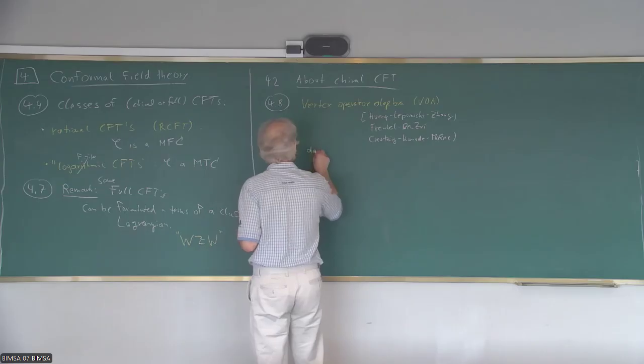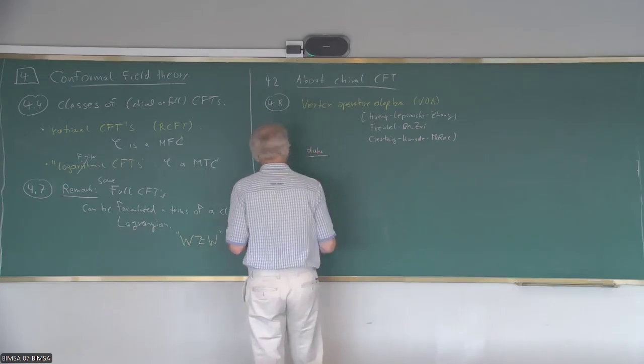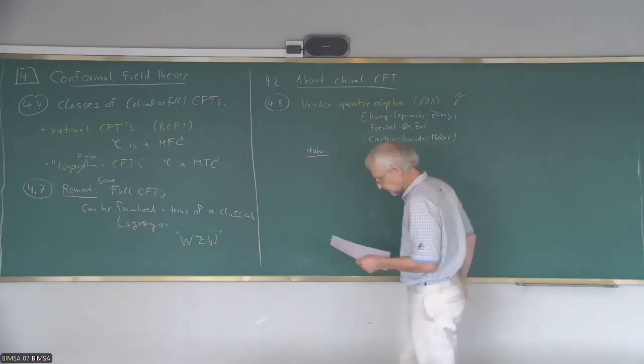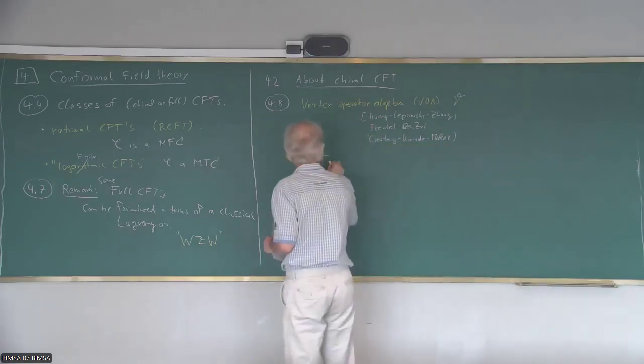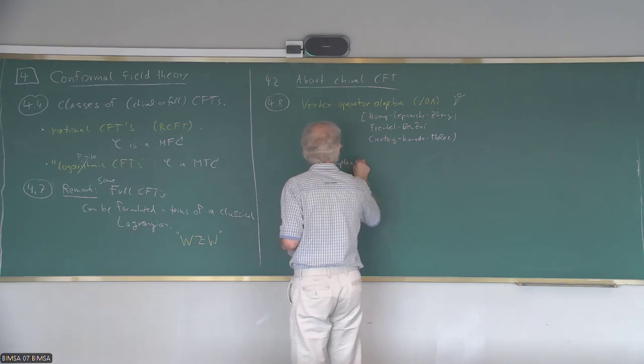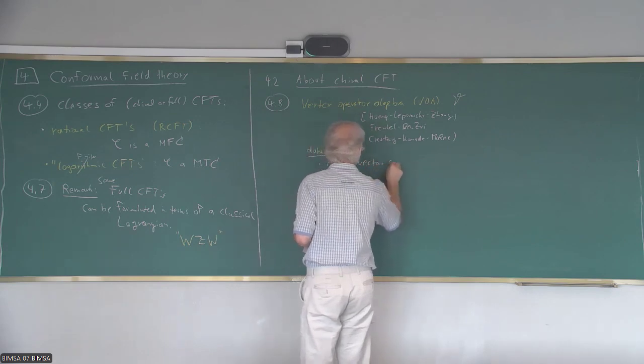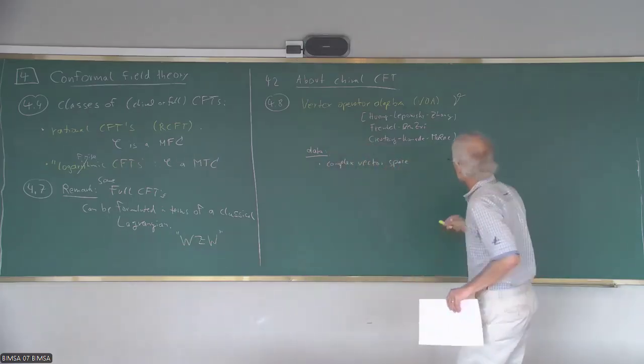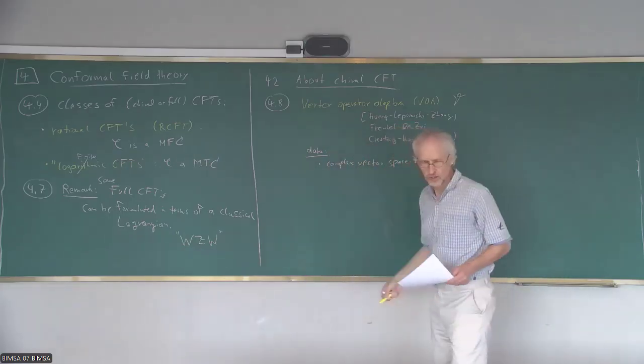So what is this? There are the following basic data. I call this V. V is a complex vector space, and in all interesting situations, it will be infinite dimensional.